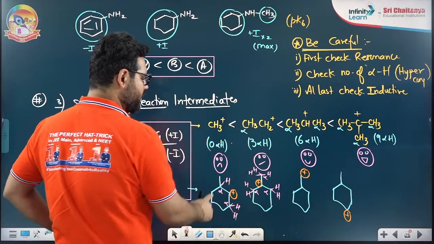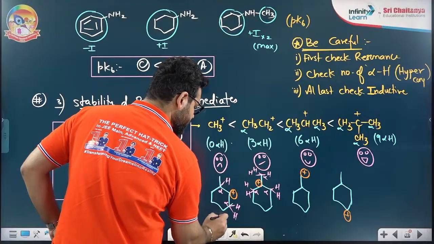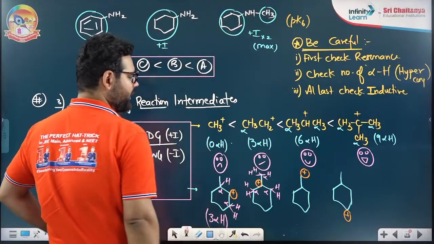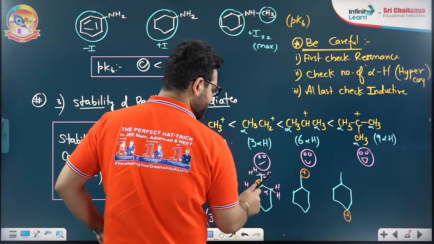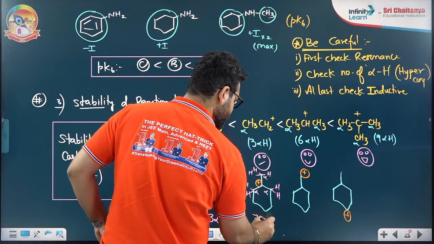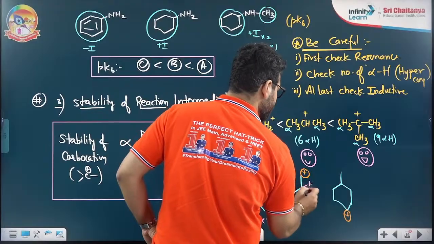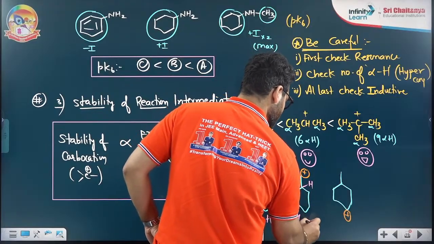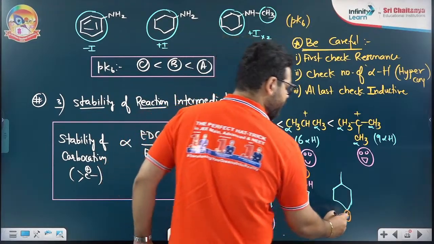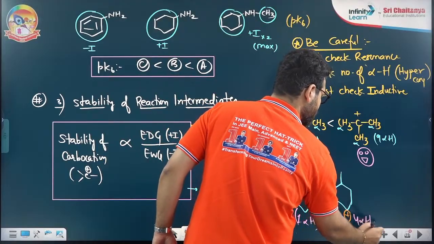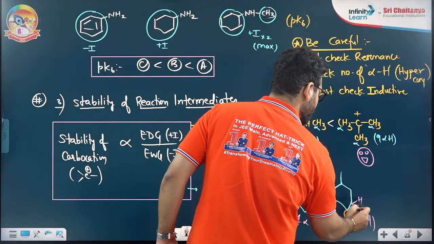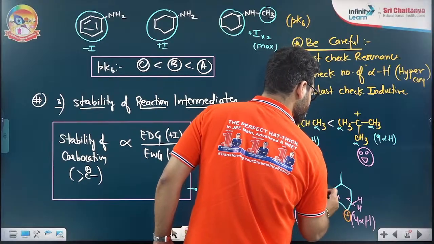So the alpha hydrogens in the first one were 3. In the next one we have 3 plus 2 plus 2, 7 alpha hydrogens. In the next one we have only 1 alpha hydrogen. And in the next one we have 4 alpha hydrogens, 2 on this side and 2 on this side.